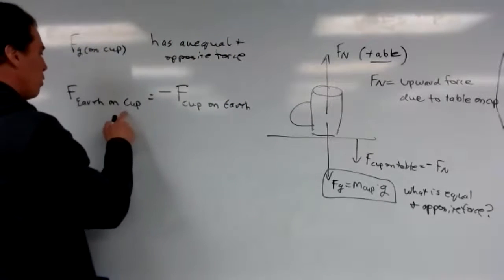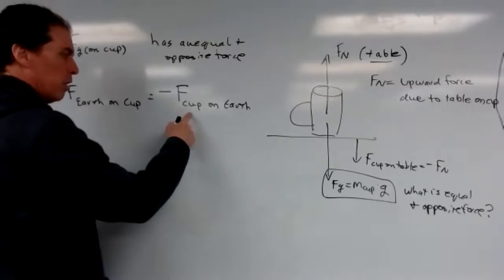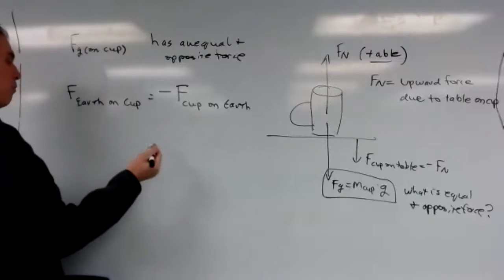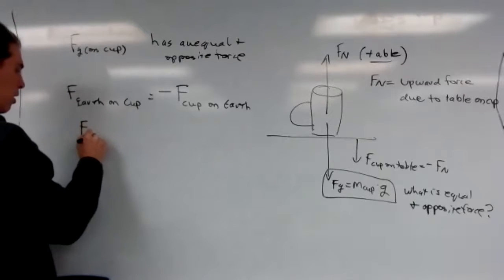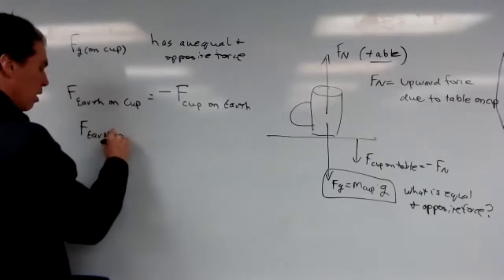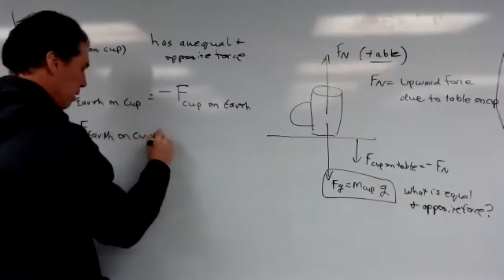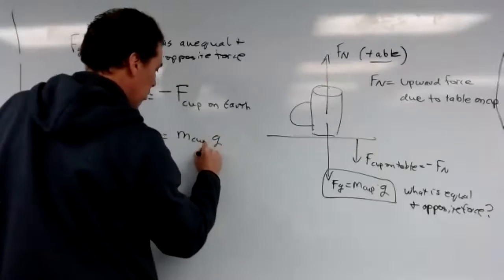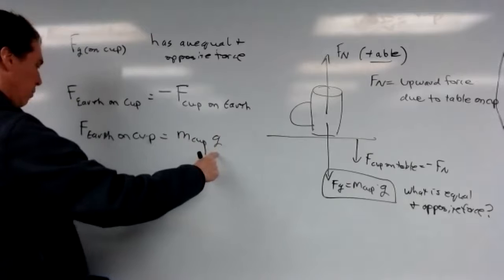And so the force of gravity due to the Earth on the cup is just the opposite of the force of gravity due to the cup on the Earth. They're equal and opposite forces. And notice if those are the only forces acting, I can say, look, the force due to the Earth on the cup. We already said that that's what that is. It's the mass of the cup times the acceleration of gravity, right?